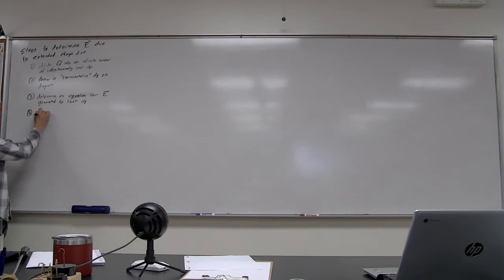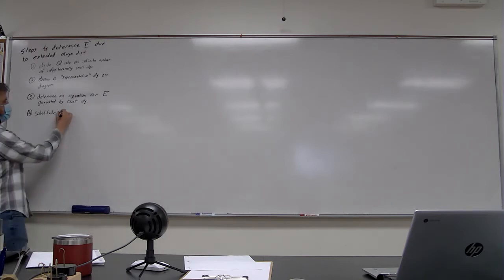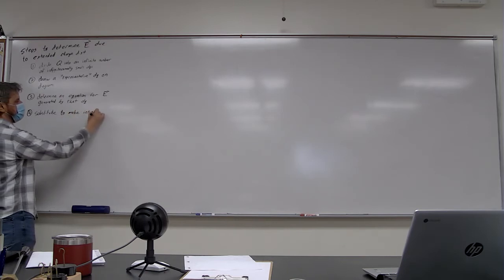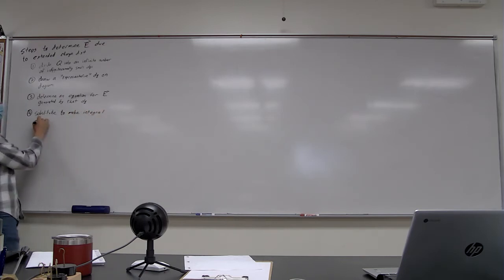So you'll have to substitute. And as we'll see in the next example, we're going to have to make multiple substitutions in order to make the integral doable. Substitute to make the integral doable. And then 5, integrate. And get your answer. Simple as that. Use math to solve the equation.